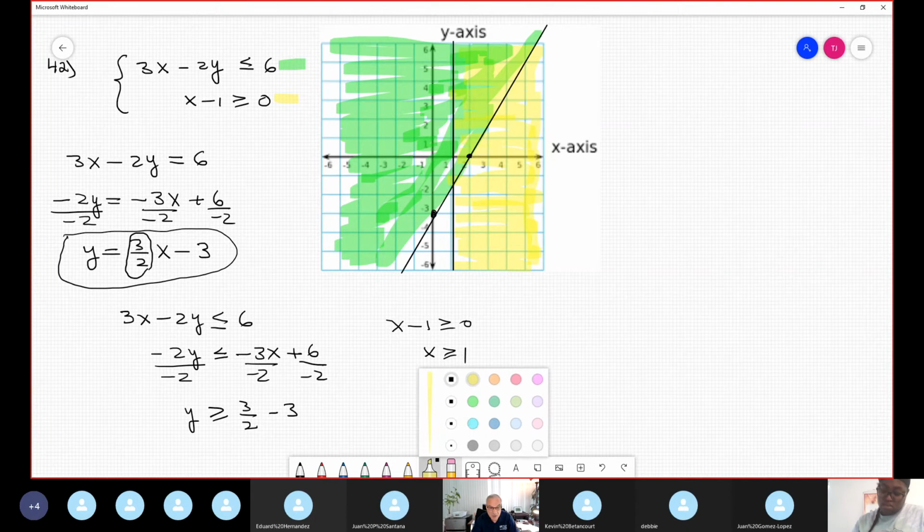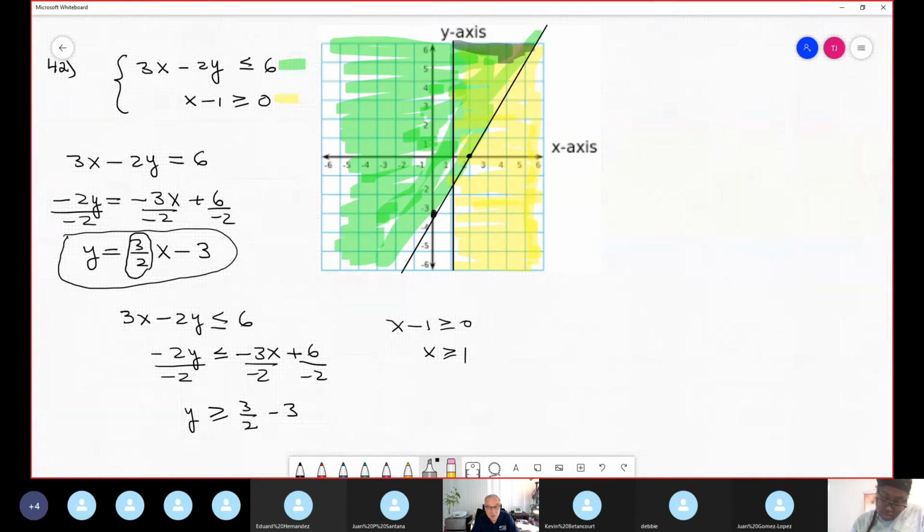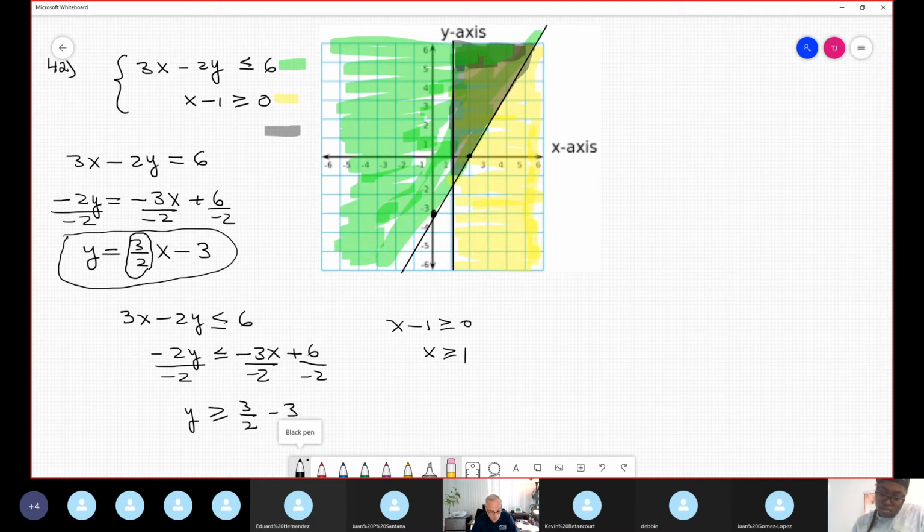Well, I suppose it's this. Okay, it's completely the graphing method. You take one inequality, you make the solution for the first one, after you continue with the second, and the intersection between green and yellow is gray. It's the final answer that corresponds with option D.